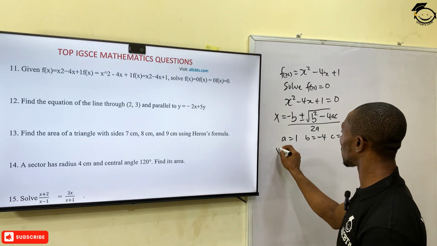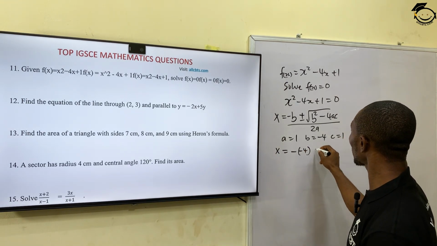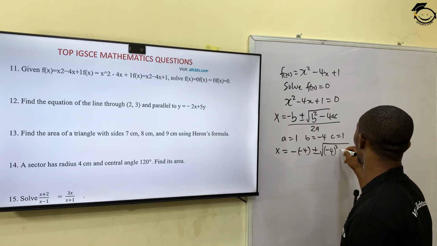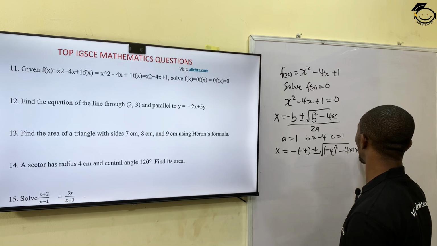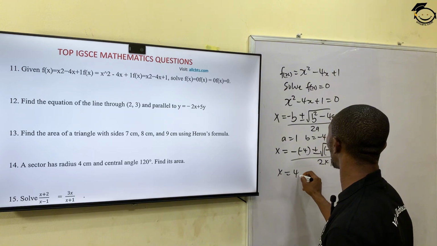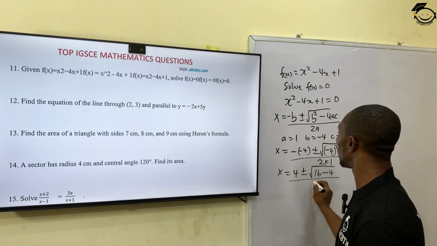Now we have x equals minus minus 4 plus or minus root minus 4 squared minus 4 times 1 times 1 all over 2 times 1. So x equals 4 plus or minus root 16 minus 4 all over 2.